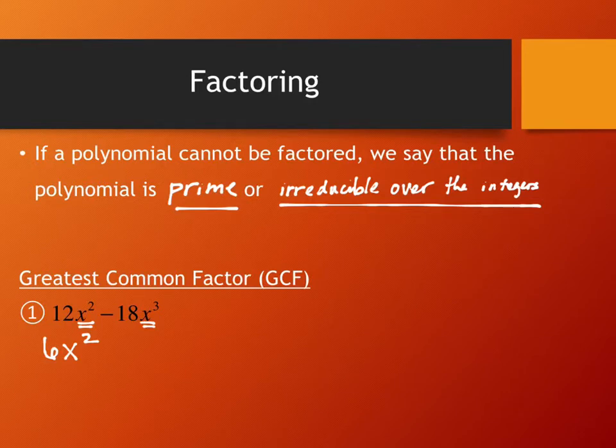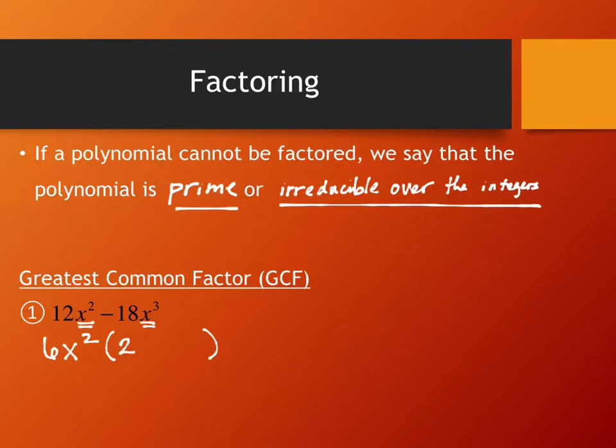If we're asked to actually factor using the greatest common factor, what that means is that we will continue to write what happens when I pull or divide or factor out that greatest common factor. So 6x squared comes out of 12x squared. When I take the 12 and divide by 6, I'm left with 2. And when I take the x squared and divide by x squared, I'm left with 1. But 2 multiplied by 1 is just 2.